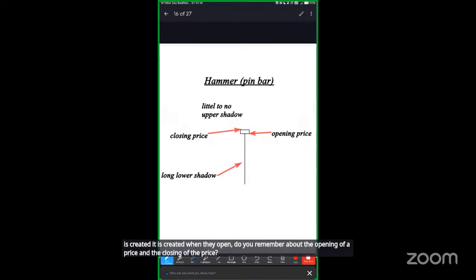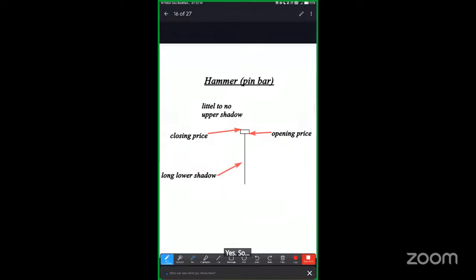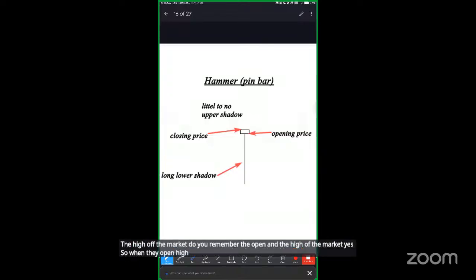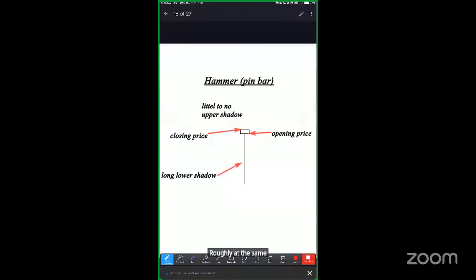Yes. So the hammer is created when they open high, the high of the market. So when they open high and they close are roughly at the same price.